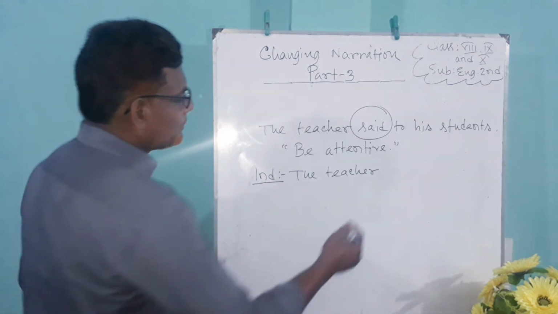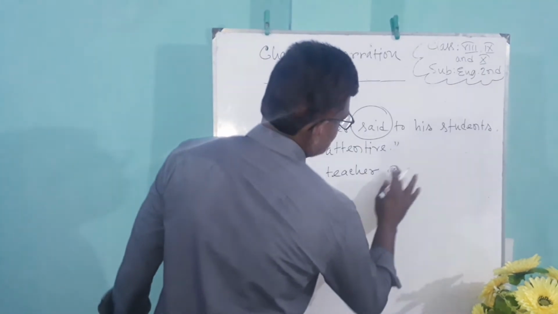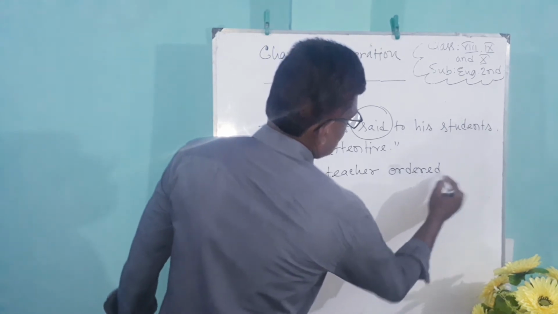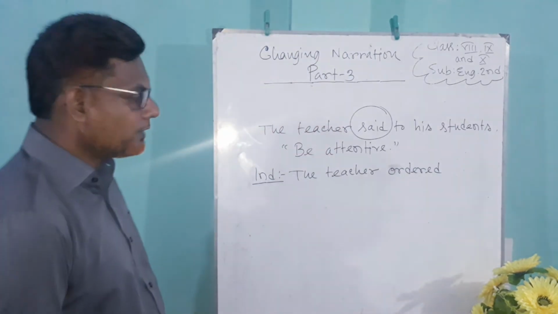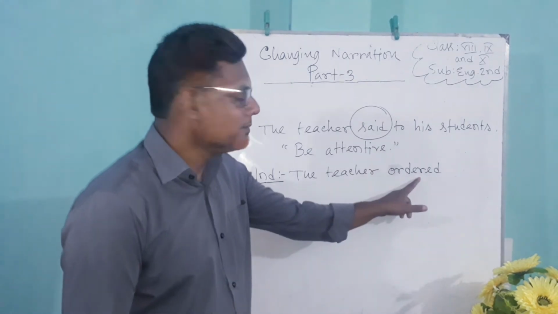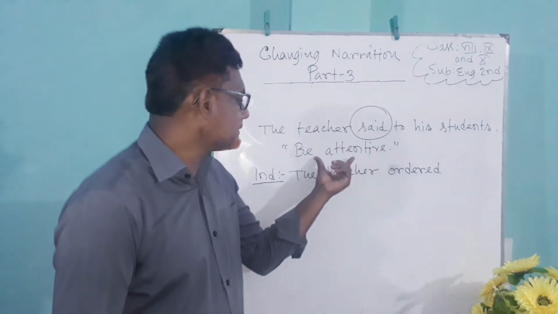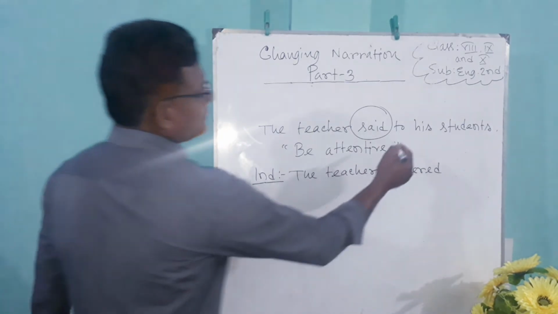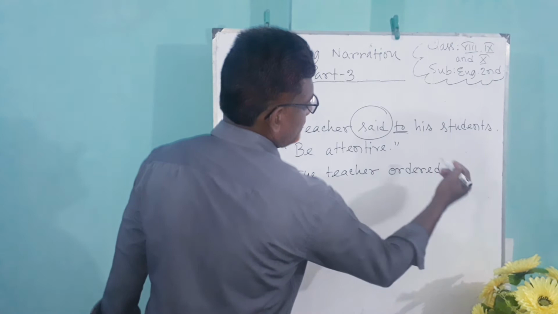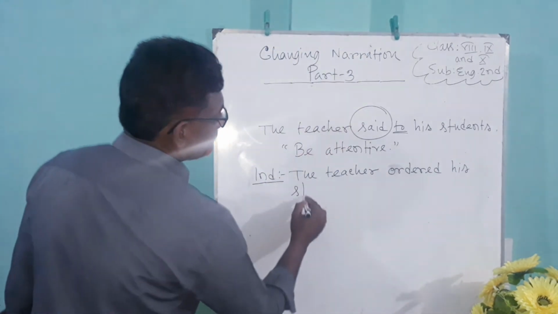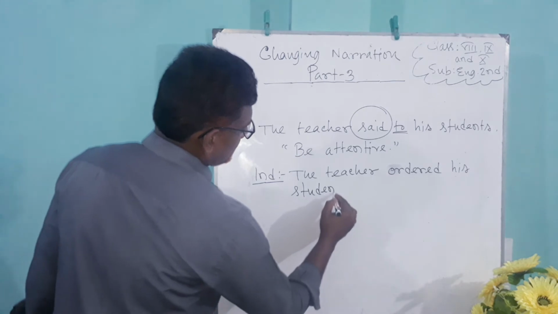So, we can use order or advise instead of the reporting verb. So, instead of said, we have used order here because this sentence denotes order. Then, to will not be used for order. We have to write the object of the reporting verb directly.